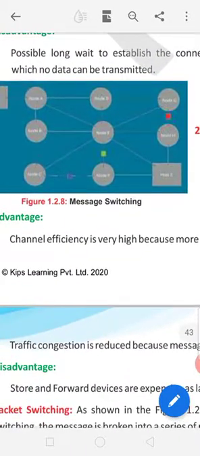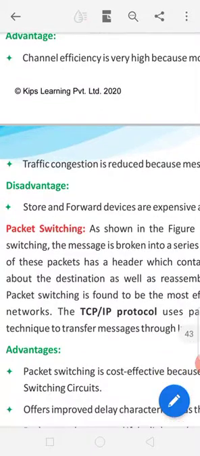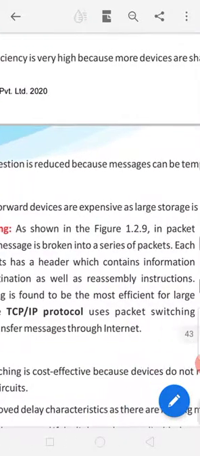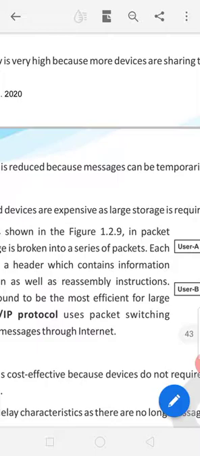This is the way. Start from here. Every connection stores the data and sends. Advantage: channel efficiency is very high because more devices are sharing the channels. It is efficient.